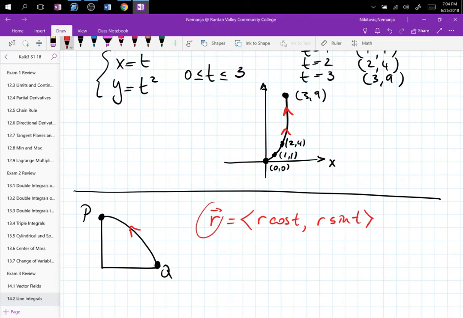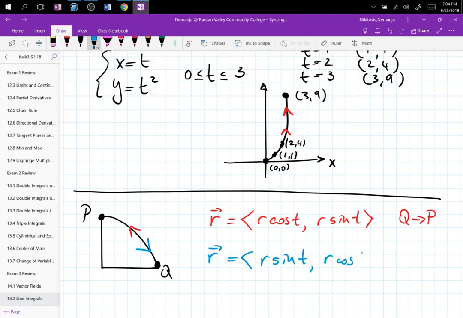No, I don't want you confusing it with this r. No Greek. Now, we can also have the blue path, which goes from P to Q. So the red path was Q to P. Now the parameterization is going to be r sine t, r cosine t, and that's P to Q.